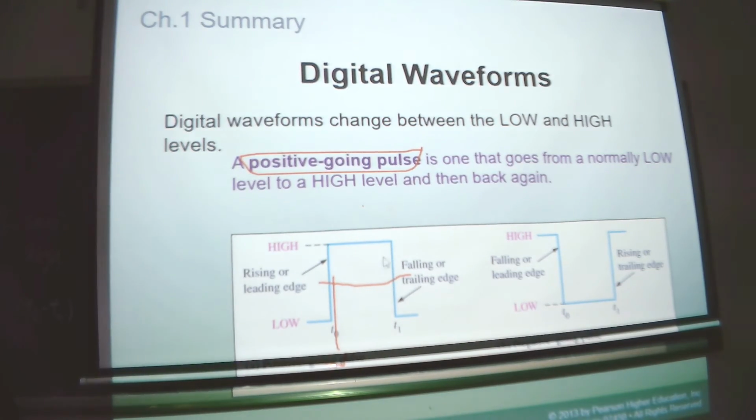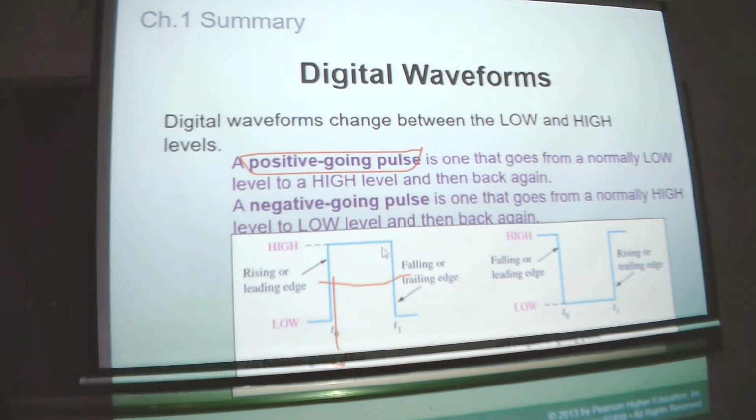If the value is from high to low, then we call this edge falling or trailing edge. The second is the negative going pulse.